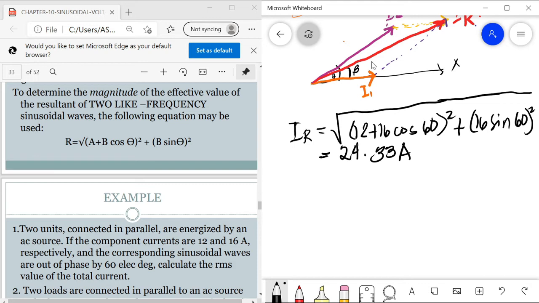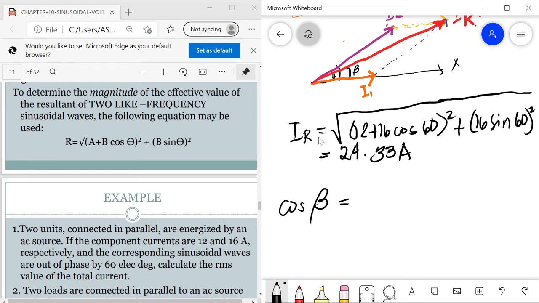So what will be the value of your beta? The angle from the reference to our resultant current. So cosine of beta will be equal to I1 plus I2. So this is in RMS.